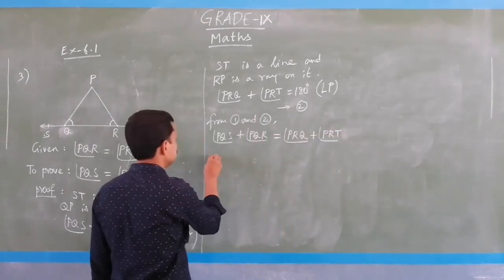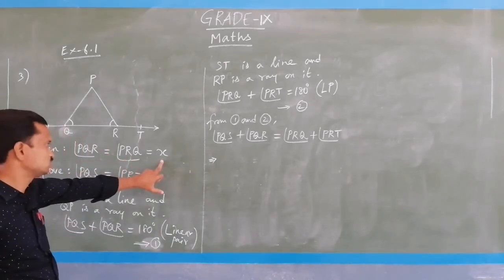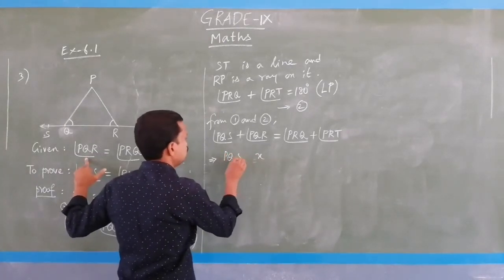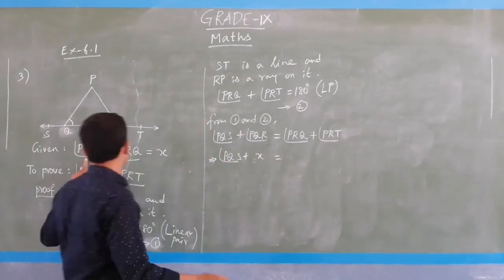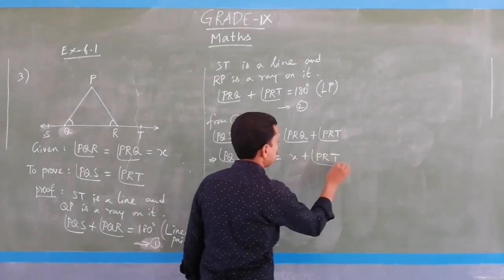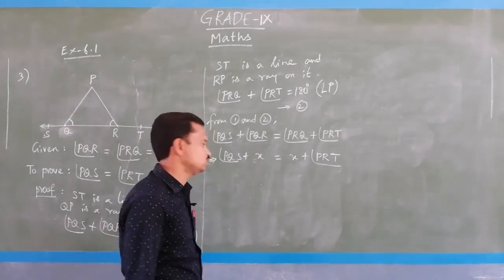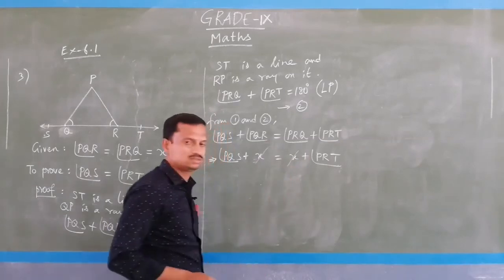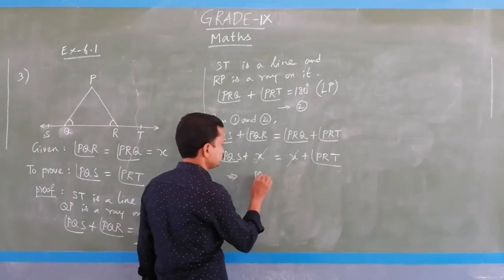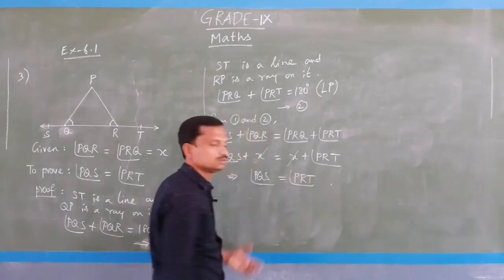This implies, I already told you the equal angles I assumed as X. So, for PQR you put X, and for PRQ also we can put X, plus PRT. So, equal values on the same side of the equation get cancelled. After cancelling X we get PQS equal to PRT. So, that is the proof.